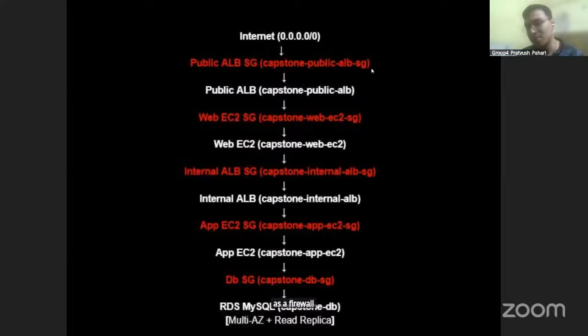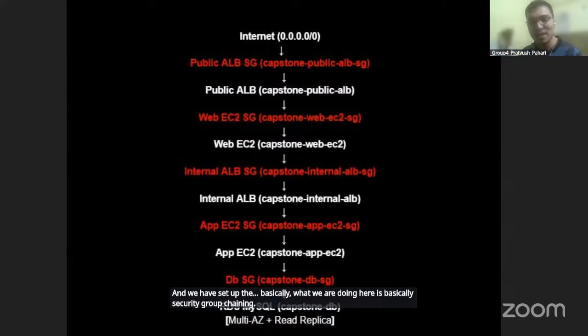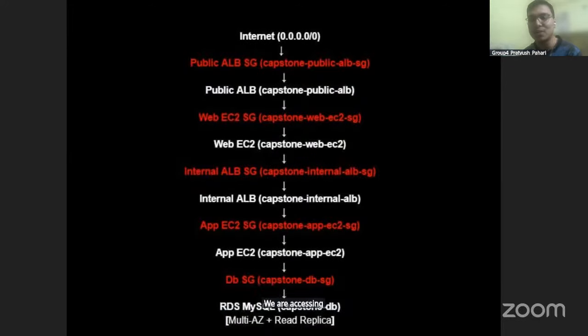We have set up the inbound rule as HTTP 80 from anywhere, so that any user can access our website. After that, the request will move to the web EC2 instance, and there it encounters the web EC2 security group. What we are doing here is security group chaining. The request is going one by one.